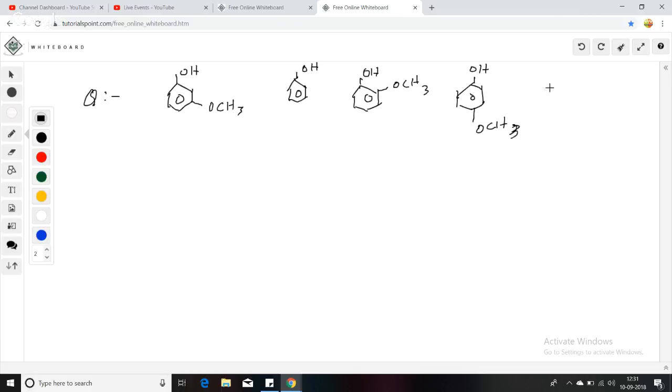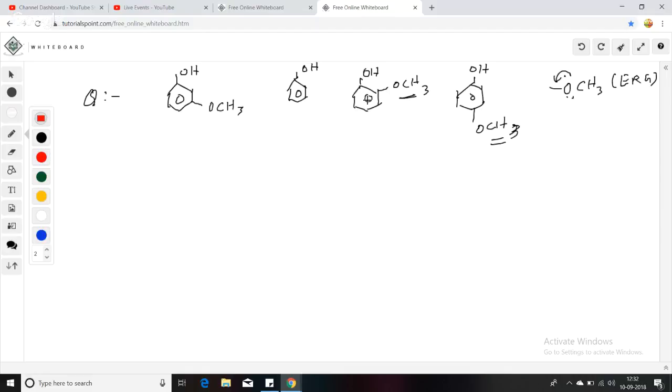OCH3 is what? OCH3 is an electron releasing group, ERG. Why is it ERG? Because this oxygen has a lone pair on it, so it can donate the lone pair like this into the compound. So all these are electron releasing groups, and electron releasing groups will decrease the acidity of phenol, that we already know, and the effect of this is maximum at ortho and para position, right? The effect of OCH3 is maximum at ortho and para position, correct? So OCH3 at ortho and para position will decrease the acidity of phenol more than OCH3 at meta position.